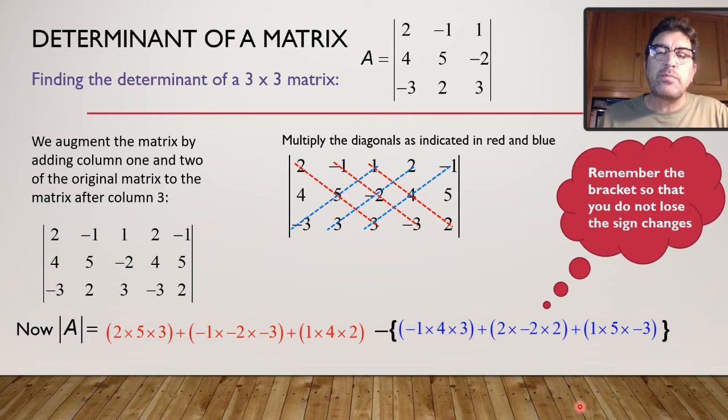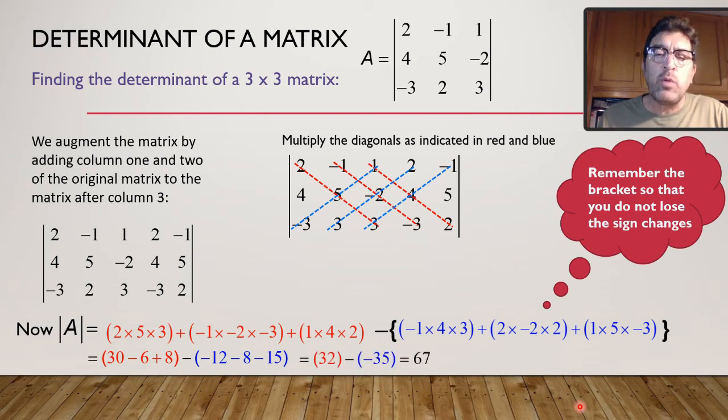If you want to be safe, first work out the result of the red and the result of the blue, and then subtract the two from each other. Like there, we have that inner bracket. We calculate those products, or the sums, and then we see that the determinant of this matrix A is 67.